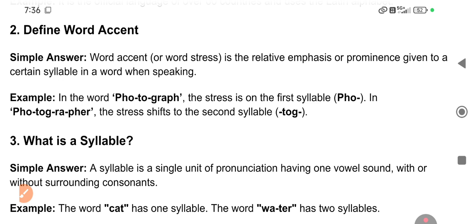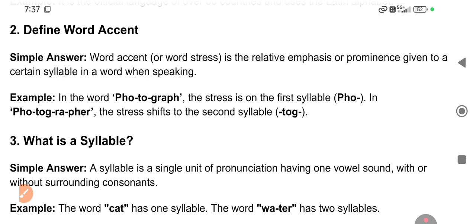You'll find that one part is being emphasized more than the other, meaning we are emphasizing one syllable. Speaking, right? So spea is the syllable being highlighted.